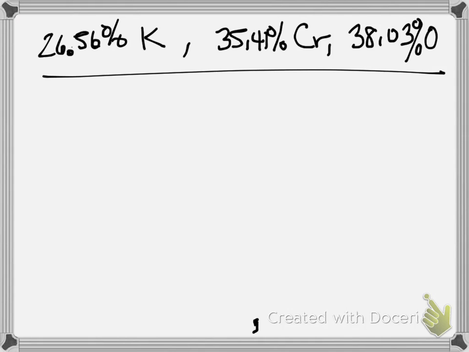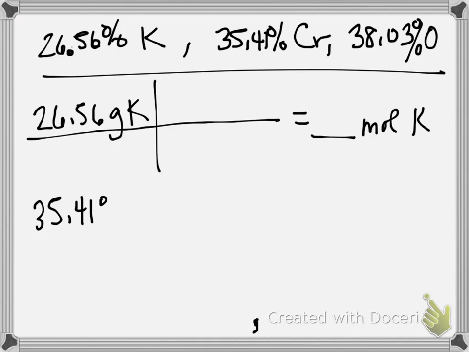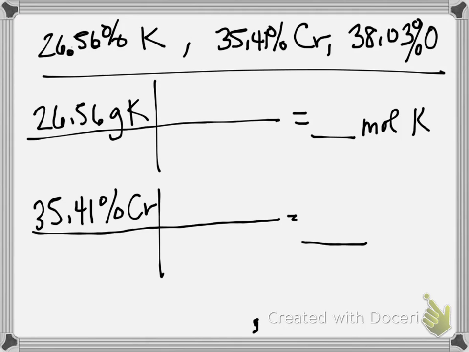Okay, since we're going from percent composition to an empirical formula, what's our first step? Poof! By magic, we have a 100 gram sample. So in that 100 gram sample, we want to know how many moles of each of these exist. So 26.56 grams of potassium is how many moles of potassium? 35.41 grams of chromium is how many moles of chromium?